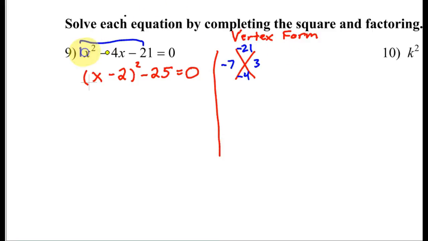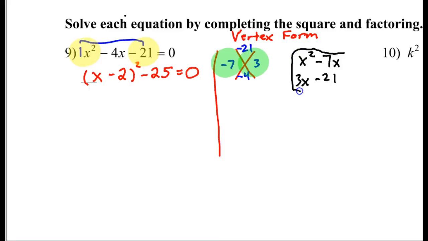So we have my first, my last, and my 2 middle. For the box, we have x squared minus 7x plus 3x and minus 21.